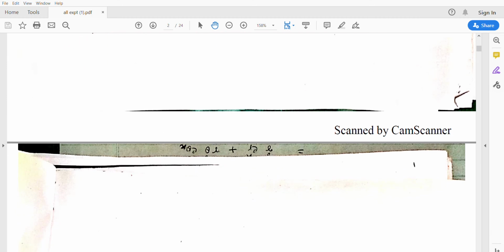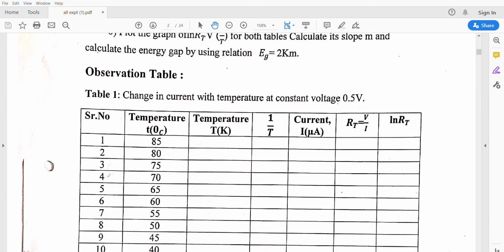We will go to the tabular column. So this is the tabular column and we have to follow it. This is the temperature in the first column. In the second column we are measuring the temperature using the thermometer in degrees centigrade. So this is in degrees centigrade, convert it into kelvin, and after that take the reciprocal of temperature, and after that we have to note down the current for the particular temperature changes.